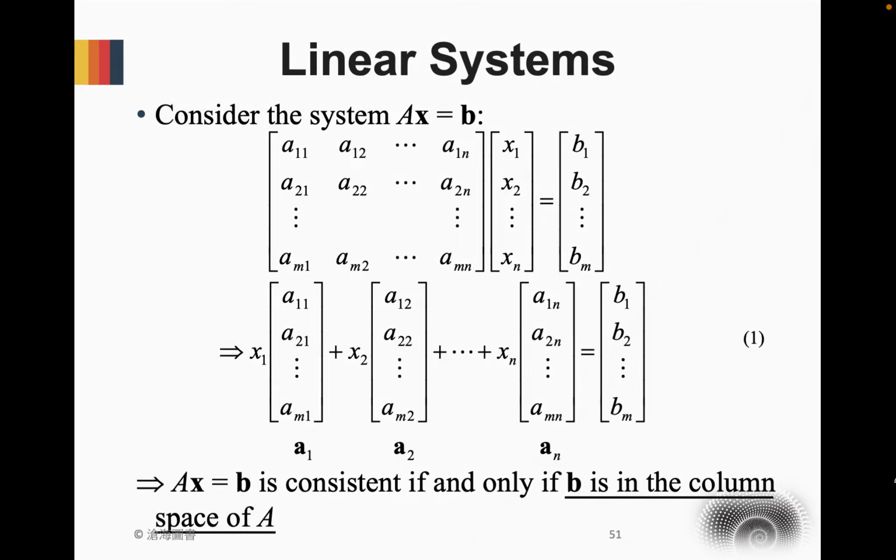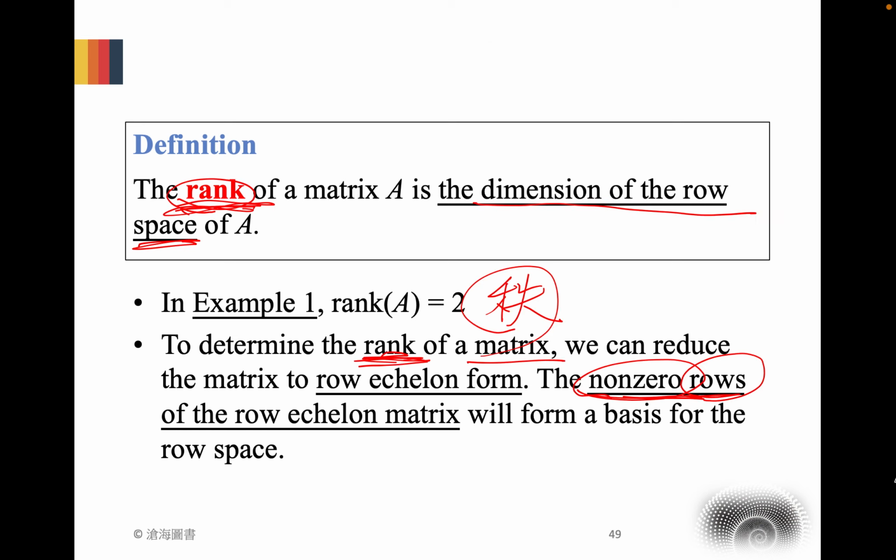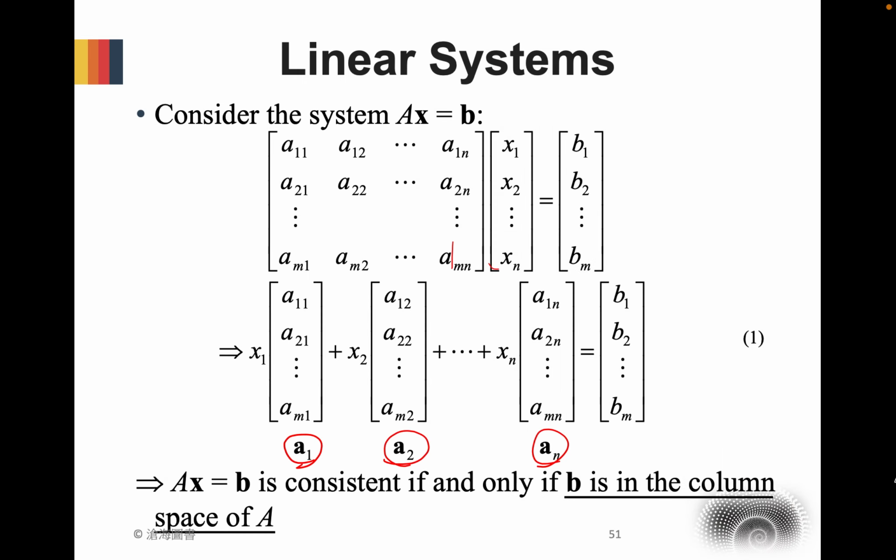And in previous sections, we said that this linear system is consistent, or this linear system has a solution, as long as the vector b can be written as a linear combination of the column vectors. Remember that?